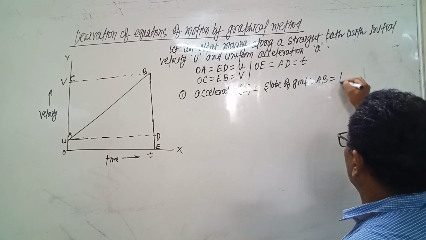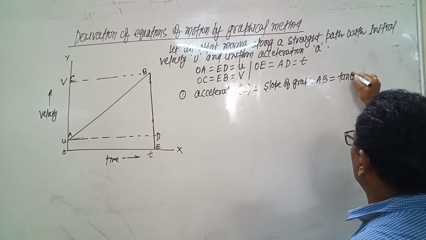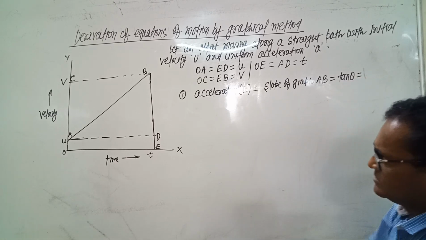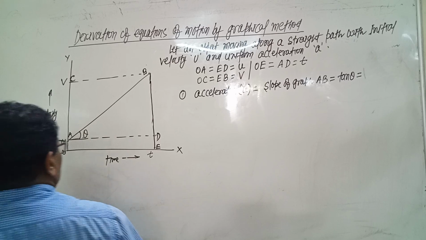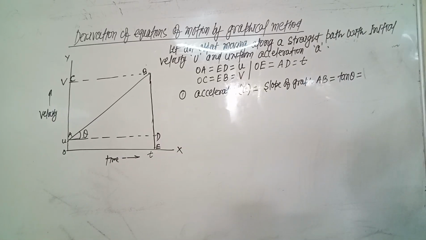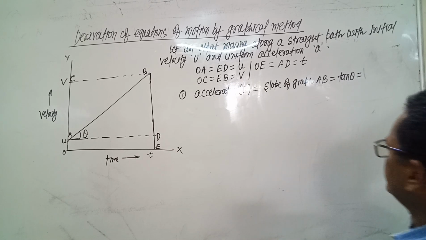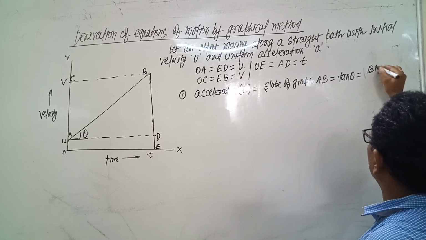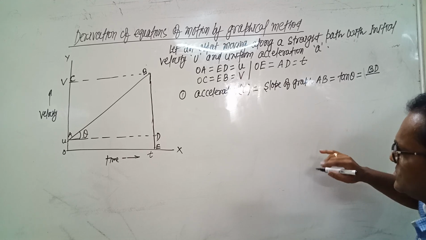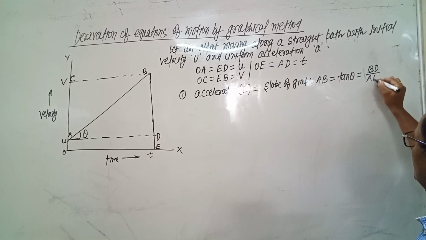Slope is given by tan theta, name this theta, and tan theta is equal to perpendicular upon base. So BD upon AD, perpendicular BD and base AD.